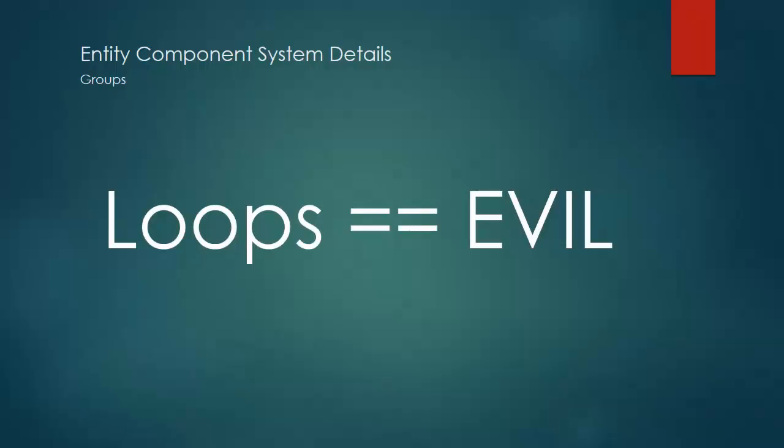We don't have to worry about, hey, okay, so let's loop through and find all of the entities that have positions and velocities every single frame. Instead, we just loop through a group that only has the positions and velocities. So we don't have to worry about anything else.